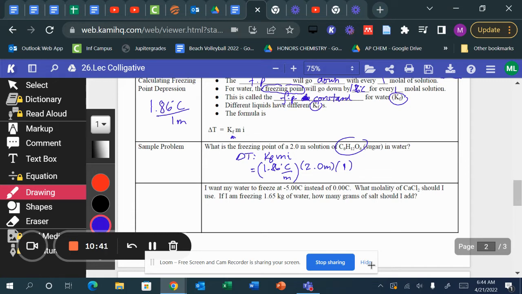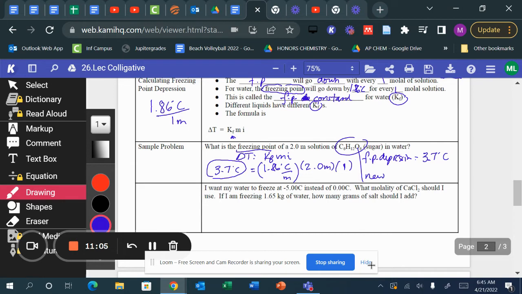Okay, so you multiply those, you're going to get 3.7 degrees Celsius. So if they ask you, what is the freezing point? This is not the freezing point. This is the freezing point depression. The freezing point depression is 3.7 degrees C.